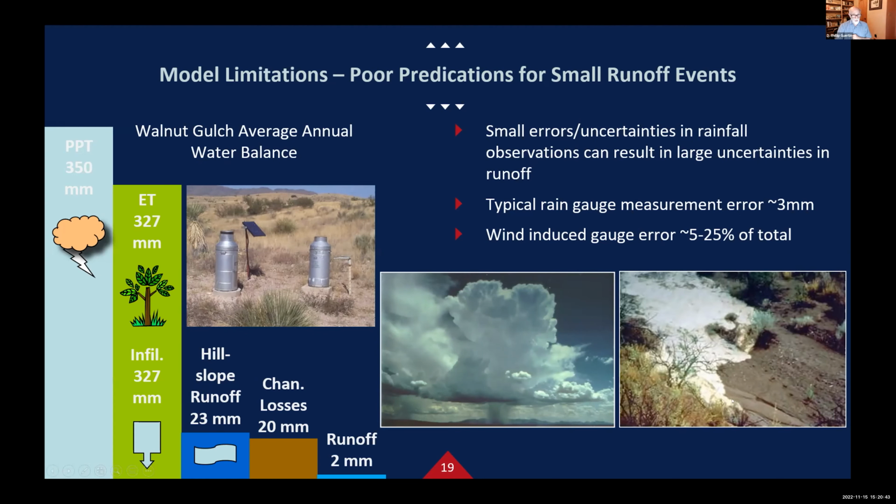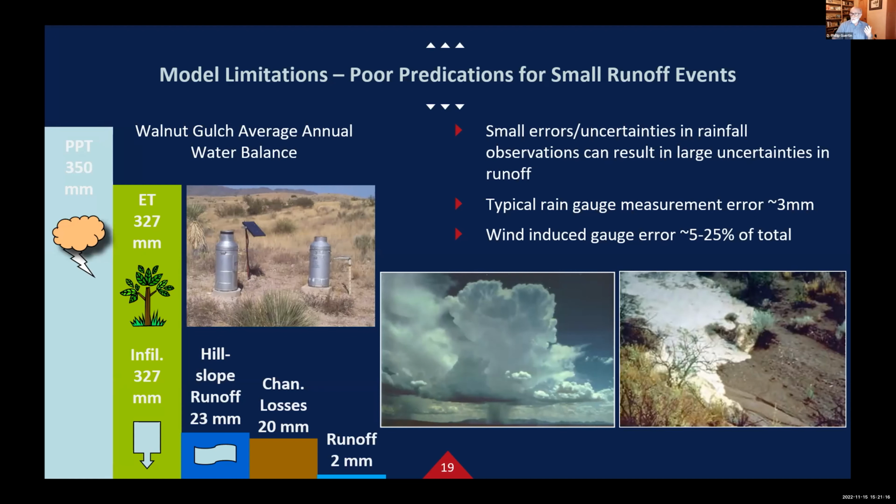Over here on the right-hand side, you're seeing a wave of water going down the channel. That white area is water, and then you can see the dry channel bed. So we see a lot of transmission losses in this system, and we only see 2 millimeters of runoff per year. So we have 350 millimeters of precipitation, and it results in 2 millimeters of runoff per year on average.